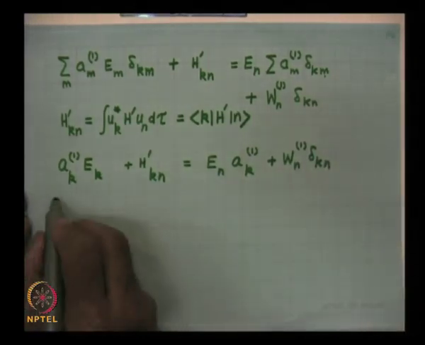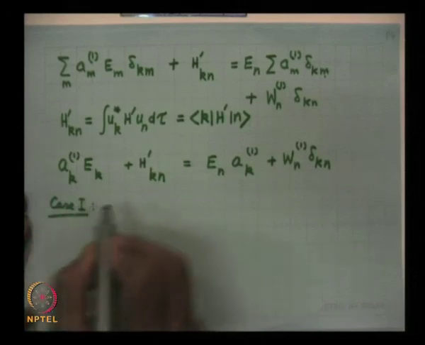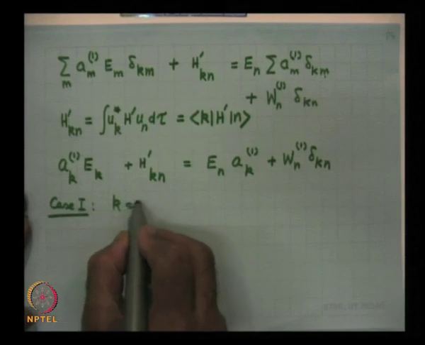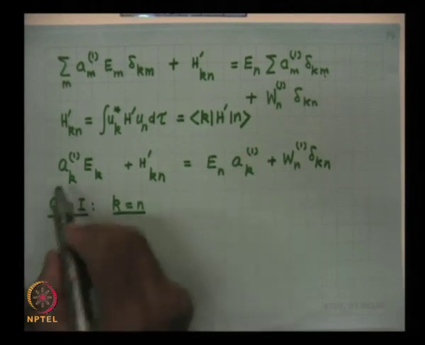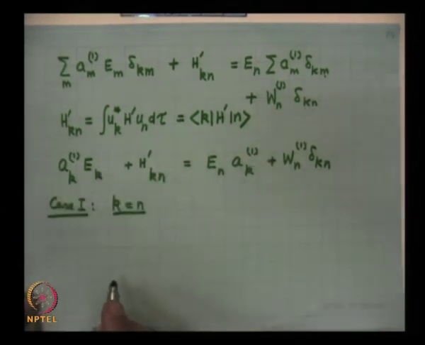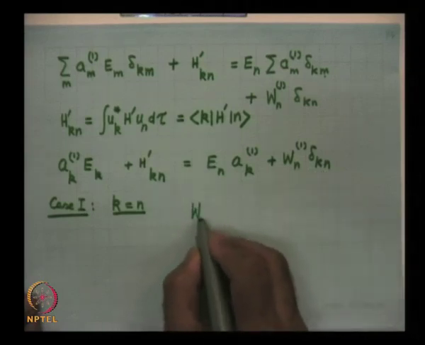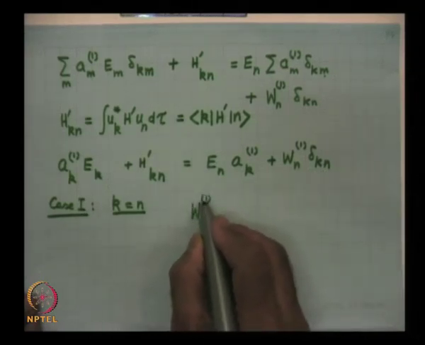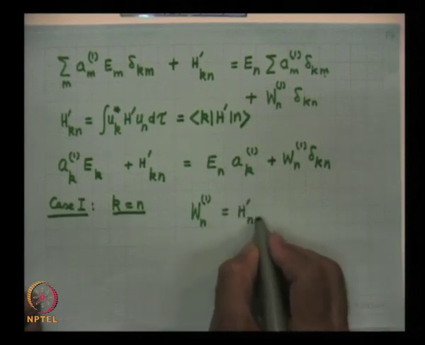So, case 1: if I assume that k is equal to n, that I multiply by u n star only, this term and this term cancel out, this becomes 1, and then W n 1 becomes H prime n n.